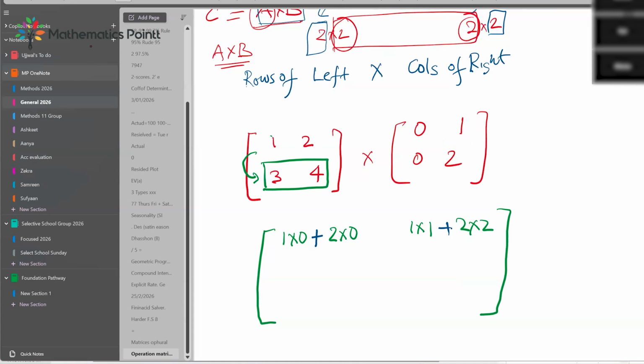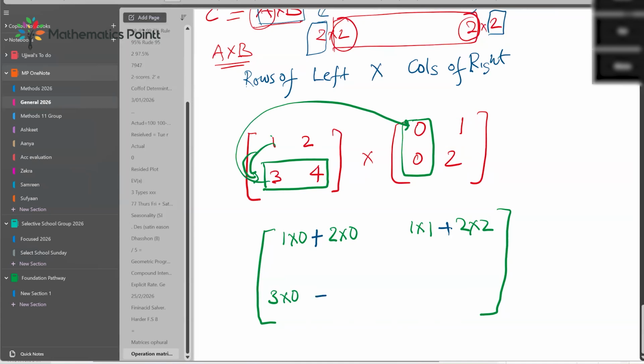And I come back to the first column of the right matrix. And I exactly do the same thing. 3 times 0. And since I moved the row, I move the row here as well. So I'll say 3 times 0. Always a plus and a 4 times 0.